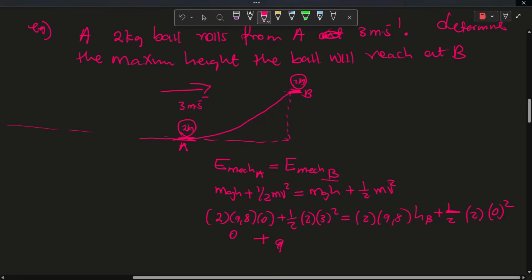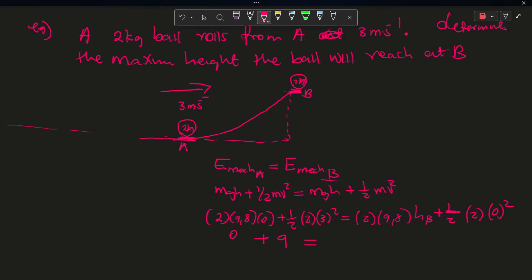Okay, let me just show it here properly so that you see. It will be 0 plus 9. It's equal to 19.6 h_B plus 0. So we are going to get 19.6 h_B is equal to 9. Therefore, divide both sides by 19.6.